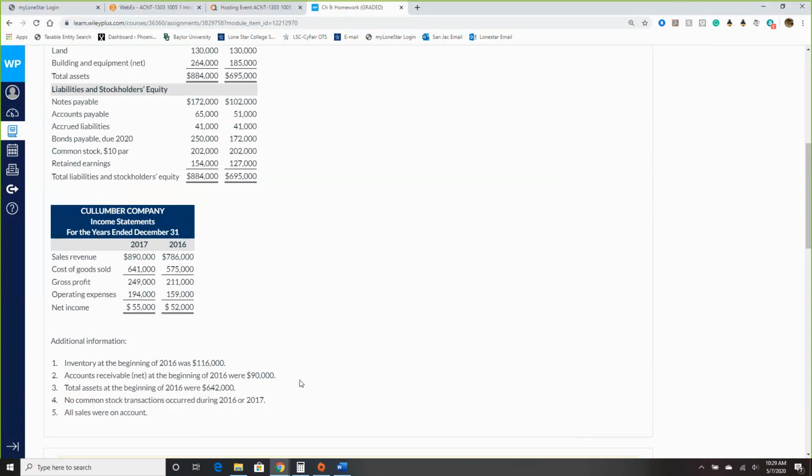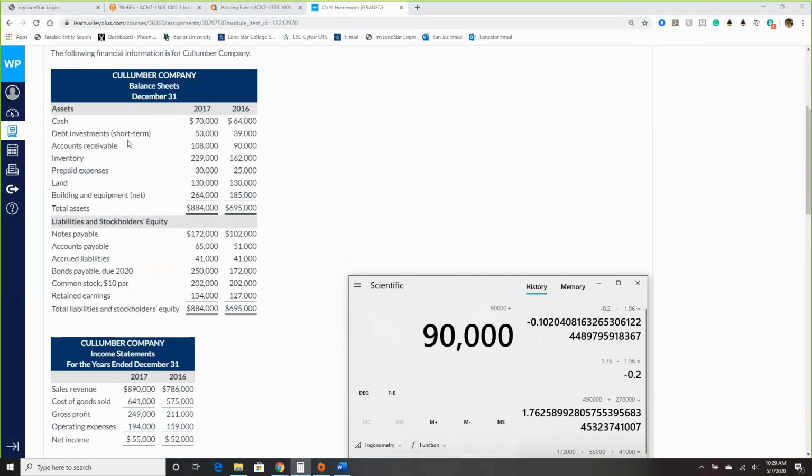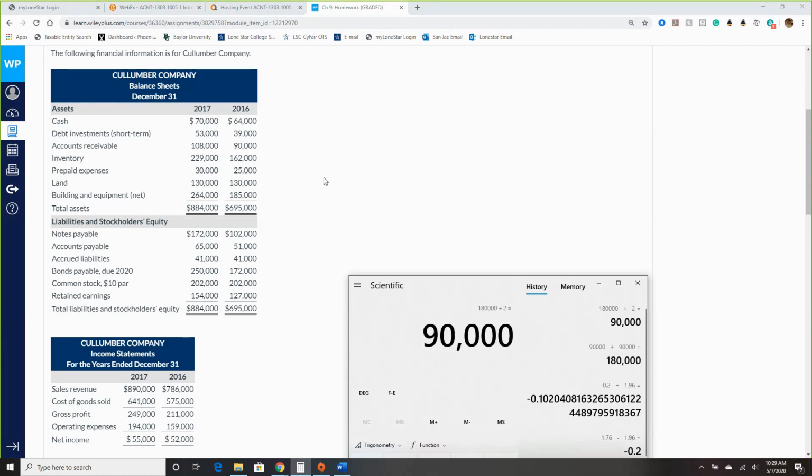Now they actually give us the beginning for 16. Now we can look up their accounts receivable, which basically was 90,000. They didn't change. So really it's just 90,000.